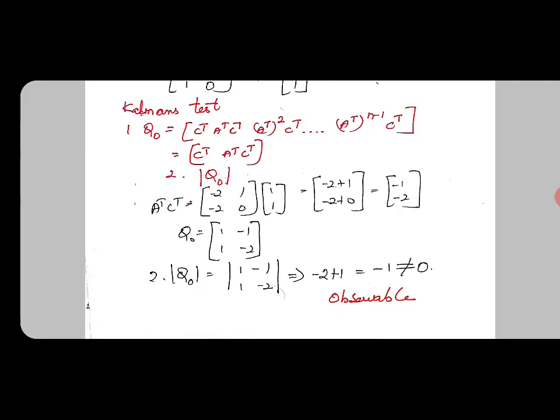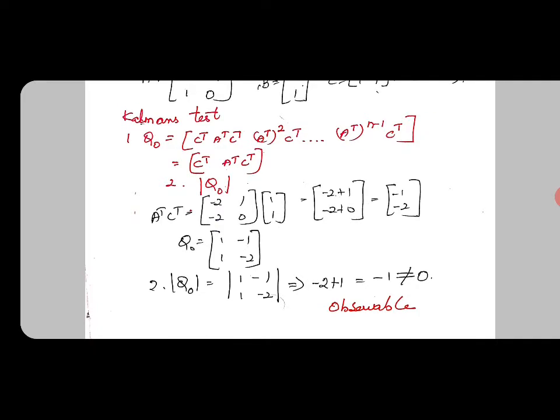Then we need to find the modulus, which is the determinant of Q0. First of all we need to determine A transpose C transpose. A transpose is nothing but [-2 1; -2 0], and C transpose is [1 1], then A transpose C transpose equals [-1 -2].